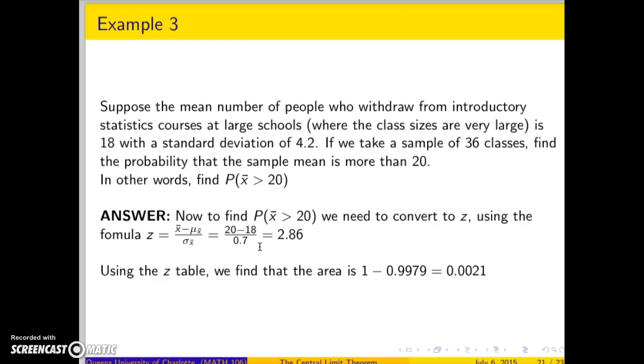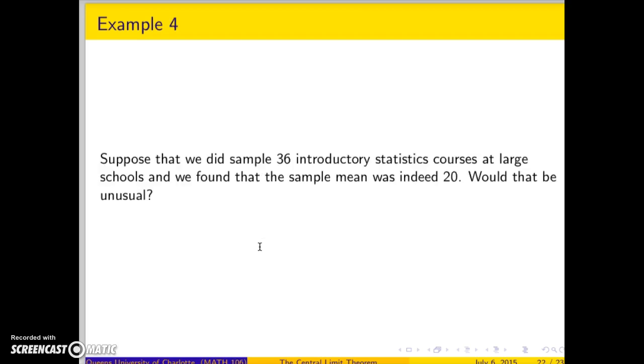So if we look at the z table, the area to the left is 0.9979. So to get the area to the right, we get 1 minus 0.9979, which equals 0.0021.